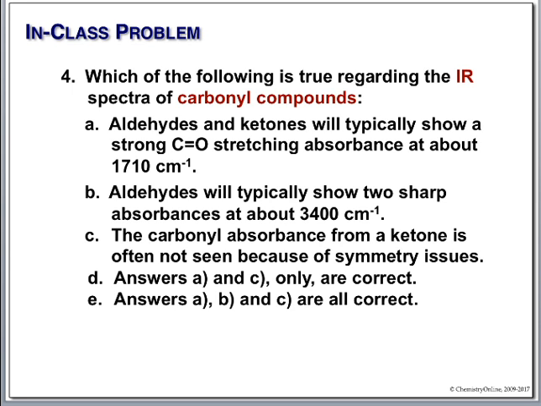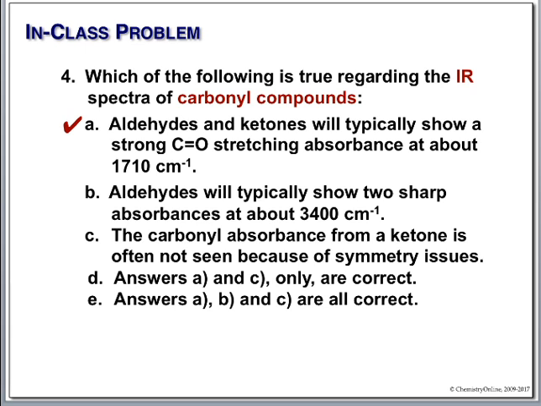That's about. Aldehydes might be a little bit higher than that. Some ketones are a little less than that. But around 1710, 1720 is a pretty good shot. So yeah, that sounds good to me. Any questions?